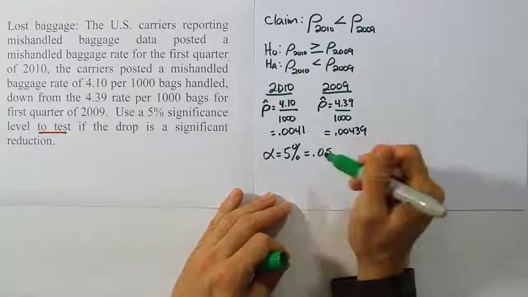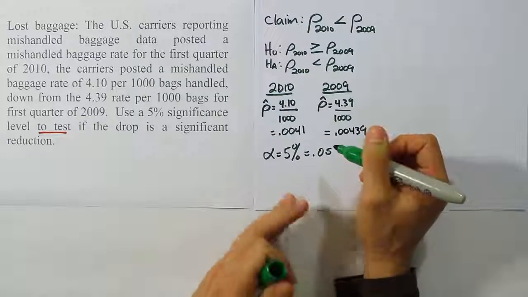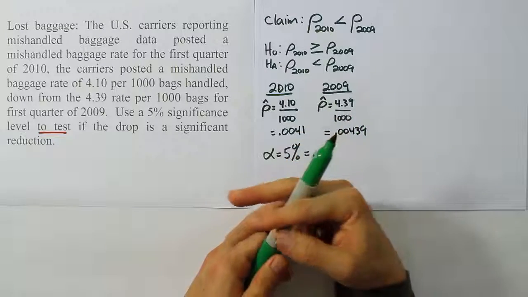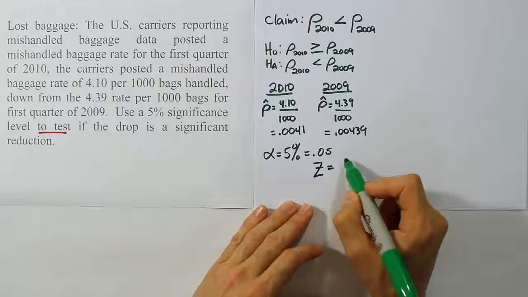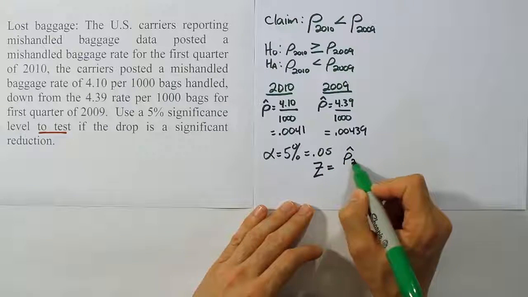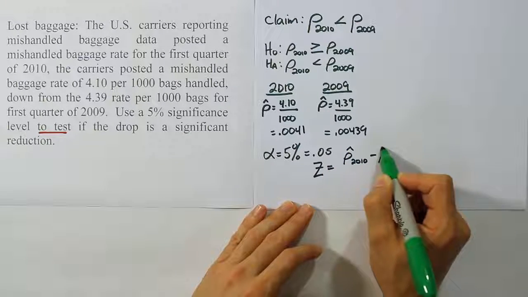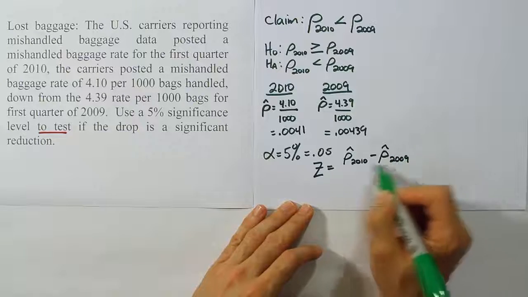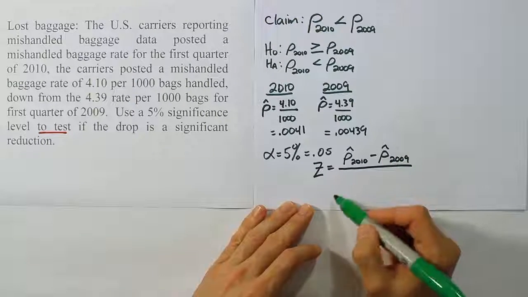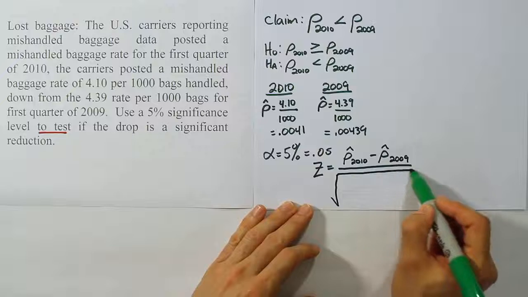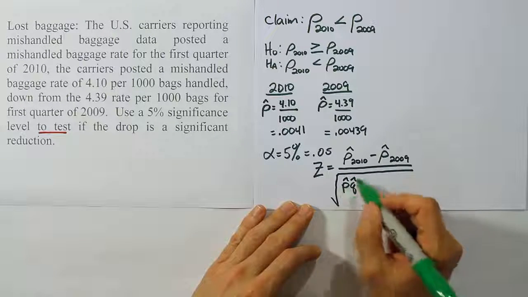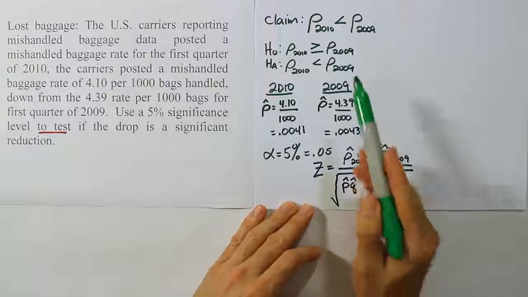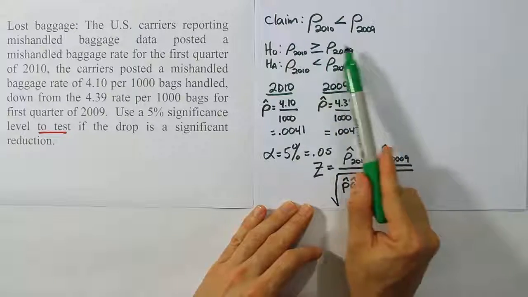Now from here, we're going to take that information and plug it into our z test stat, right? Our z test stat is going to have the following structure. It's going to be the p-hat for 2010, minus the p-hat for 2009, all over the square root of p-hat times q-hat, which are going to be the pooled estimators of the common proportion that we believe to be in existence in H0, right?